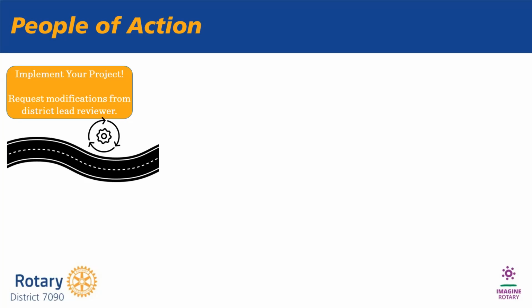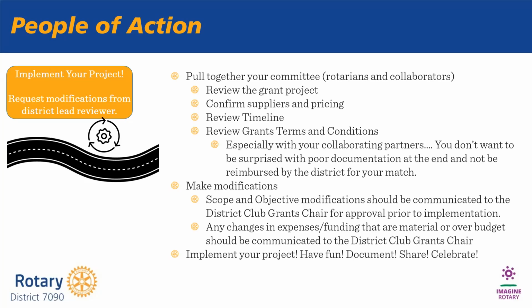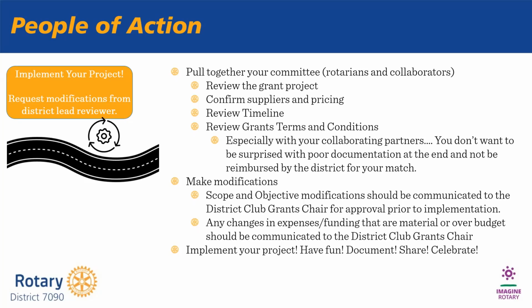All right. So, like you all said, it's pulling the team back together, Rotarians and collaborators, reviewing the grant project, confirming supplies and pricing, reviewing the timeline. Has anything changed? Reviewing grant terms and conditions. I think it's a good idea to review this again, that letter of partnership with your collaborators, so they know what the expectations are.